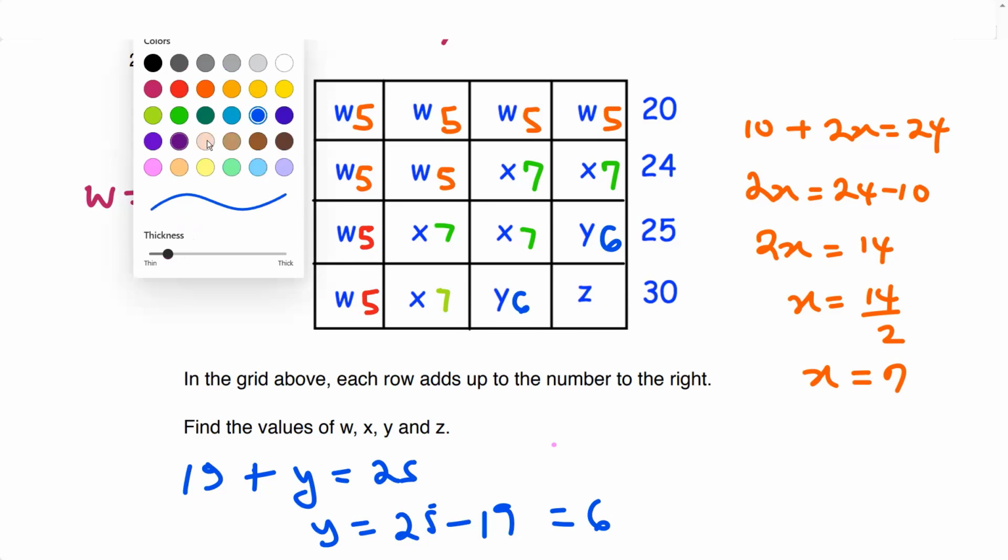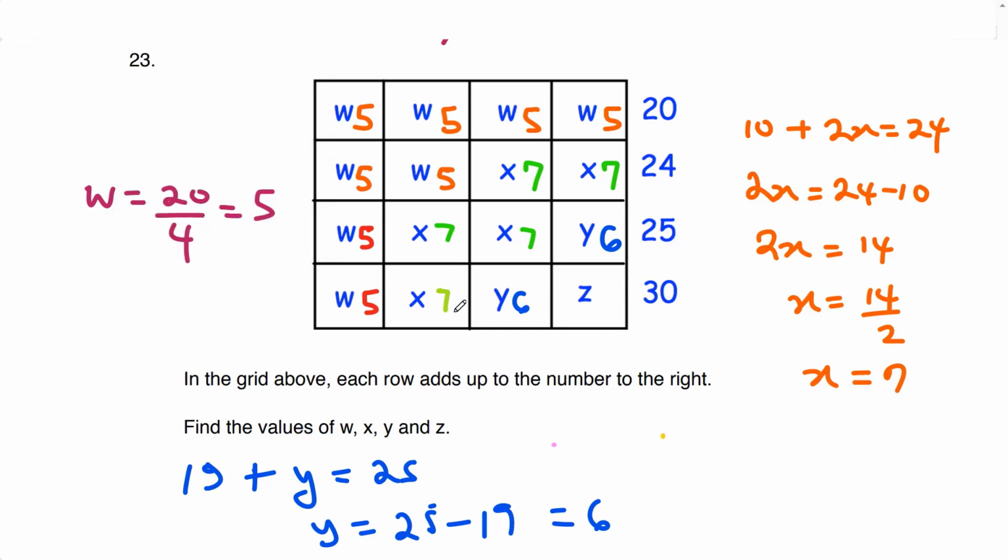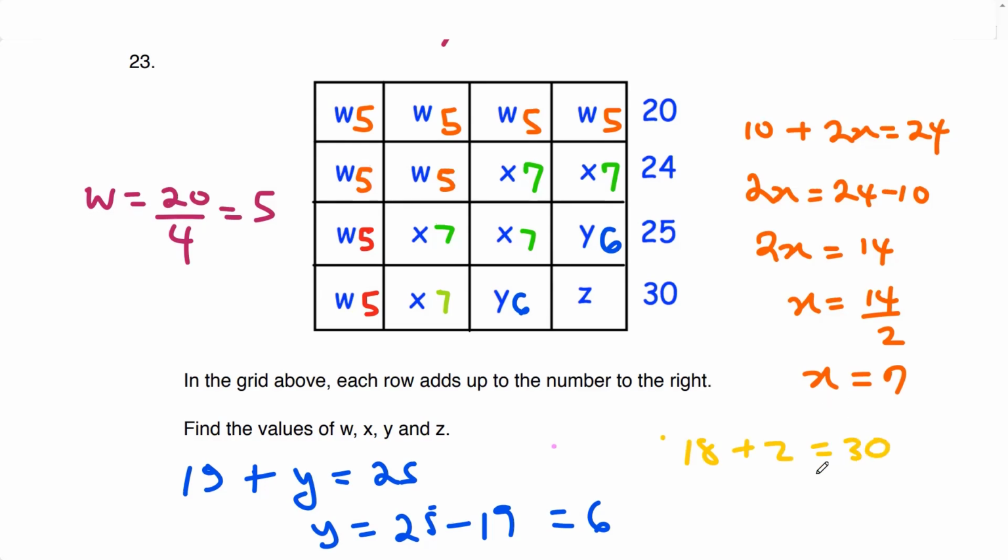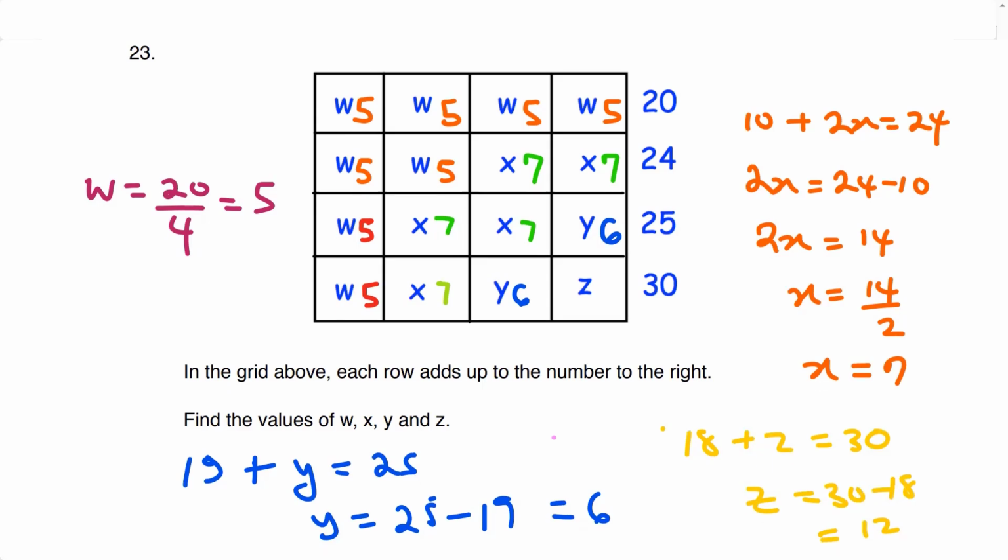I'm going to add 5 plus 7, that's 12, plus 6, 18. So I have 18 plus z is equal to 30. And to get z, all we need to do is subtract 18 on both sides. And that's going to give us definitely 12. So we know z to be 12.